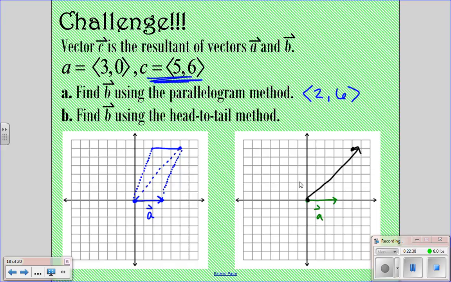And so that black one is the final. And so B has to connect from here up to here. And so we go over 1, 2, and then up 6. And so we should get 2, 6, which is the same thing as what we got for A. You should get the same answer using the parallelogram method as you did using the head to tail method.